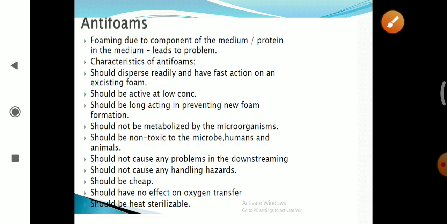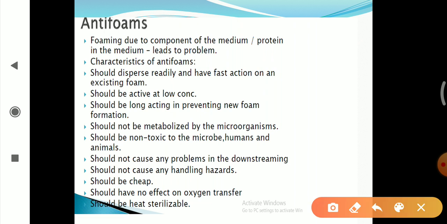Now we will move to the next step, that is antifoams. Antifoaming agents are used in fermentation. Foaming is mostly due to the components of the medium that we are using.